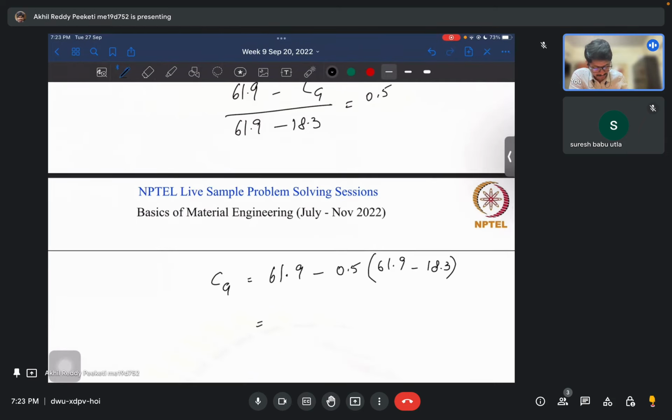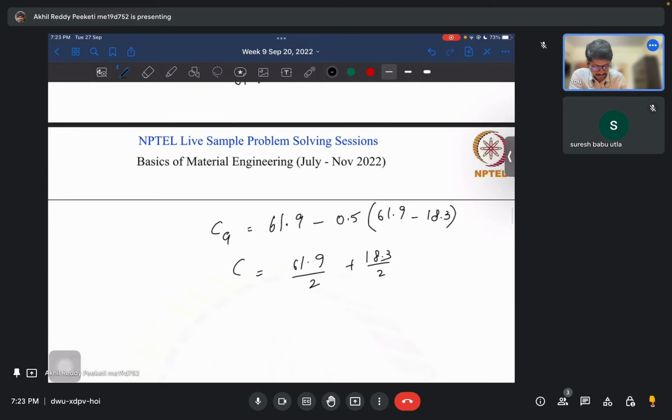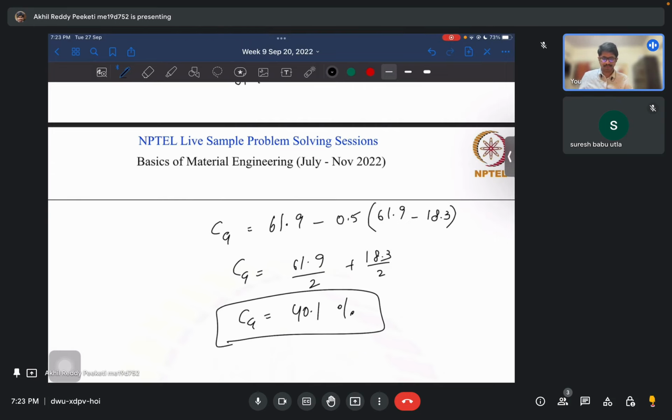Okay, this you can just write as 61.9 by 2 plus 18.3 by 2. So this would give how much? 61.9 plus 18.3 divided by 2, which is 40.1%. So is this clear?